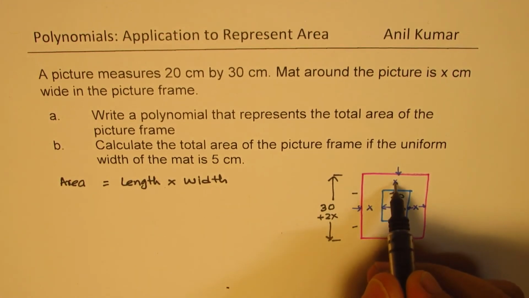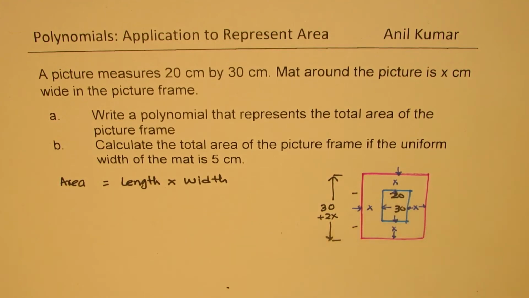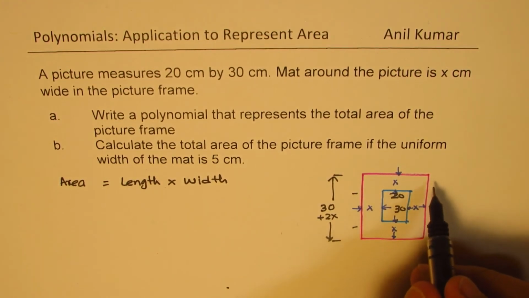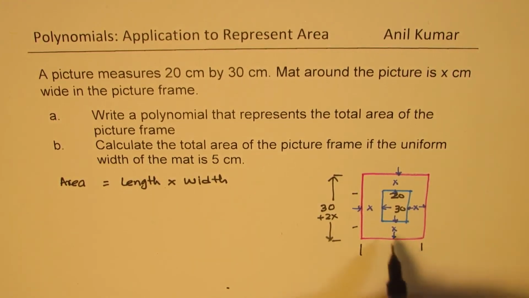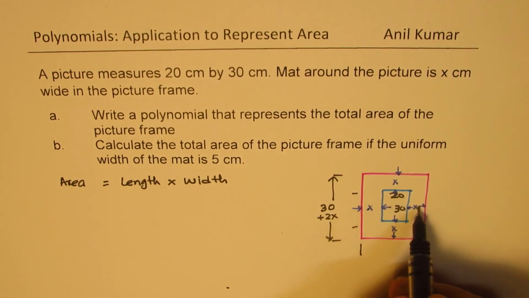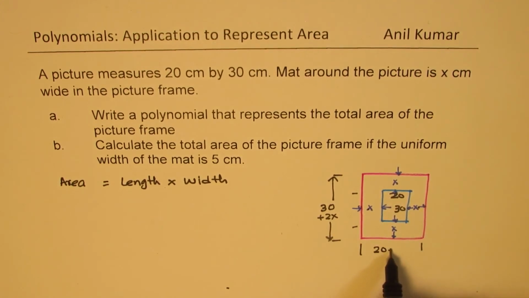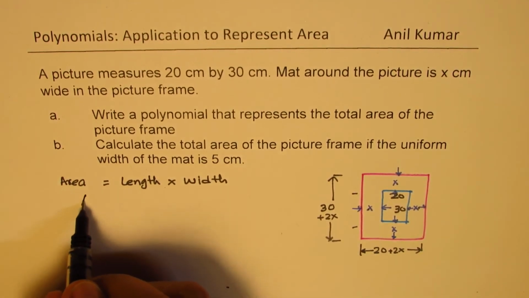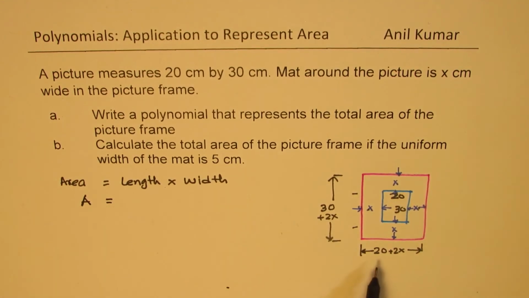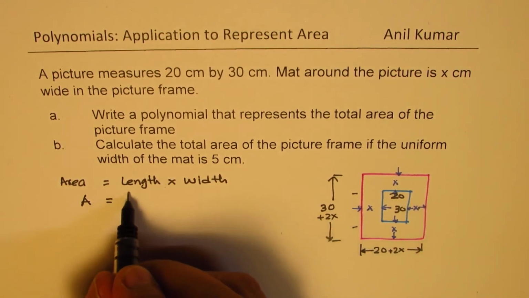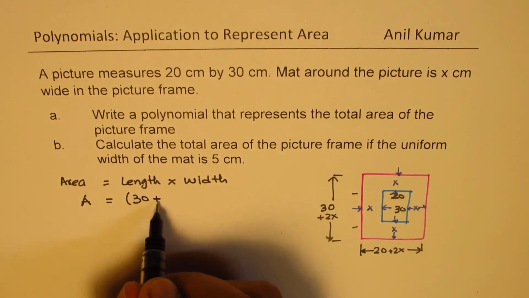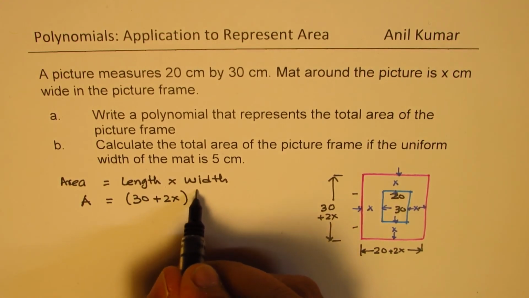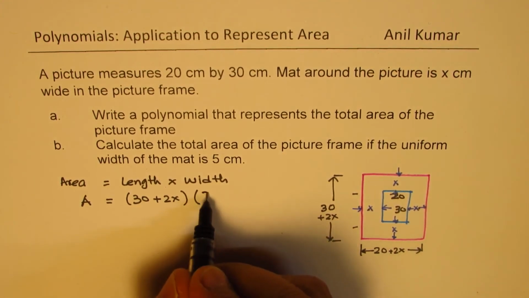Since the mat of x is on both the sides, as far as the width is concerned, it is 20 plus x, which is 20 plus 2x. That is important to understand, correct? And now we can write that the area will be equal to 30 plus 2x times 20 plus 2x.